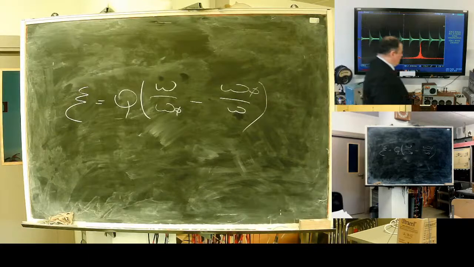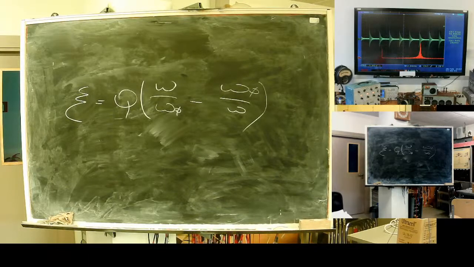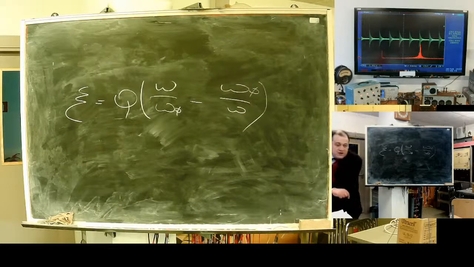We have a tuned frequency. When the source frequency is equal to the resonance frequency, we have tuned system. When we shift frequency from this tuned point, we have, say, detuning or shift of tuning.